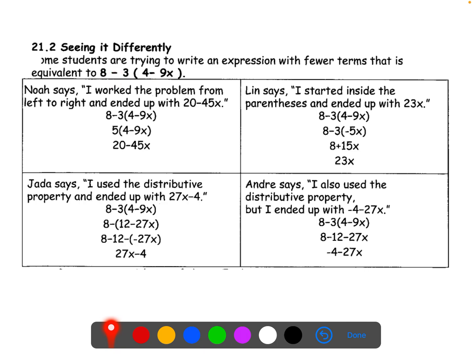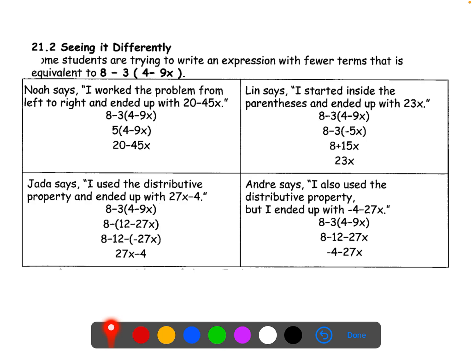So we're going to subtract 3 groups of 4, and we're going to subtract, this is where it might get a little tricky, we're going to subtract subtraction. So instead of subtracting a negative, thinking of this as negative 9x, let's actually add 3 groups of 9x.